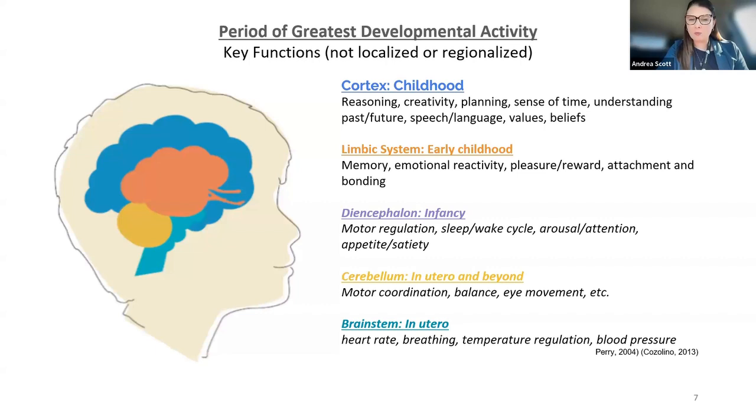That is really where you control your motor regulation, your sleep, wake arousal, your attention, your appetite, and your safety. All of those things are happening in infancy or in utero, that first 9 months of pregnancy. Keeping that in mind, that infancy stage is very critical because that's when a child is aware of when they're tired, when they're full, when they're feeling safety. So all of that happens within the central nervous system and the brain.